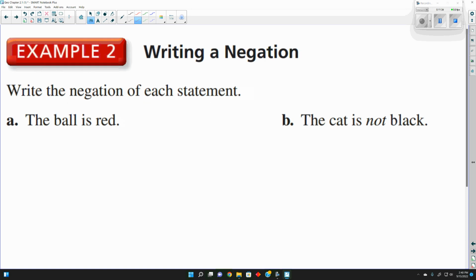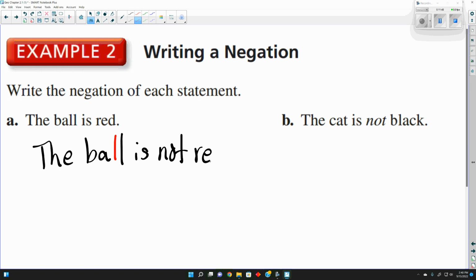So let's see here. The ball is not red. So the negation of it, not P. So we would say that the statement here, the ball is red, is our P.